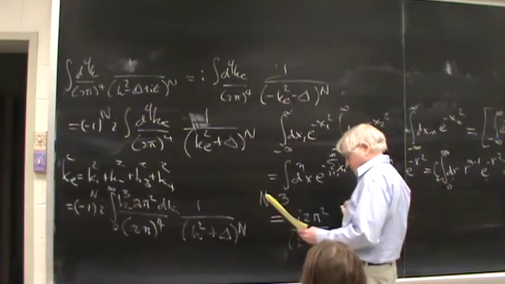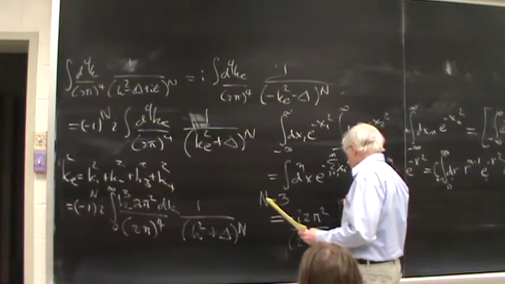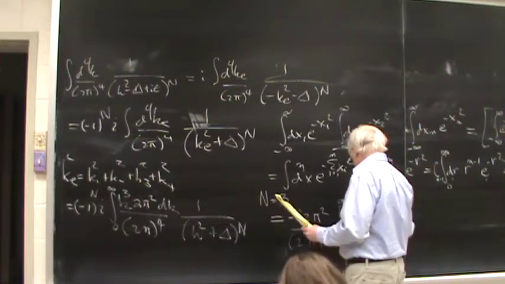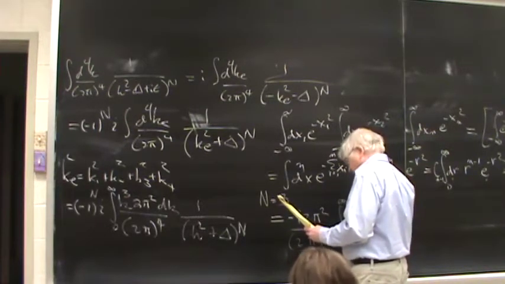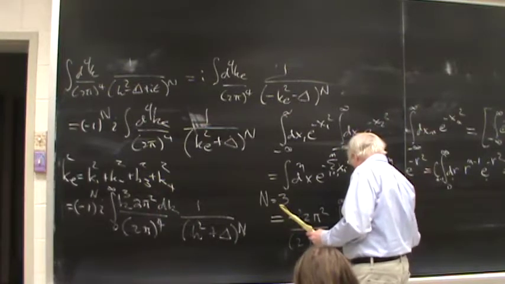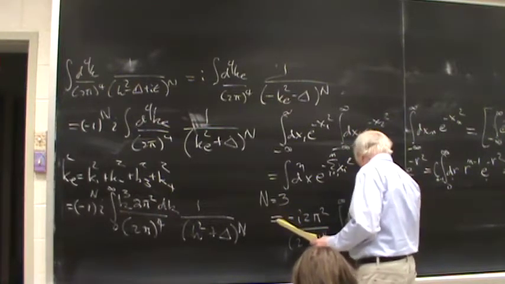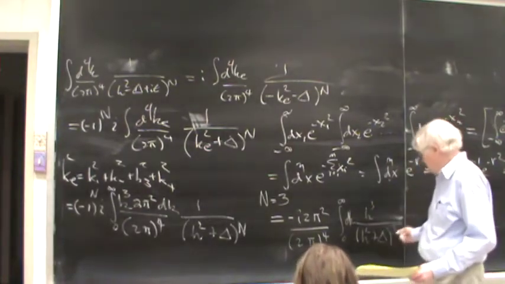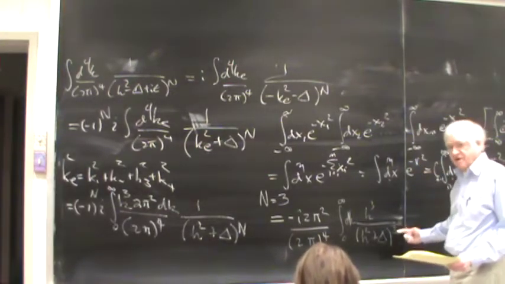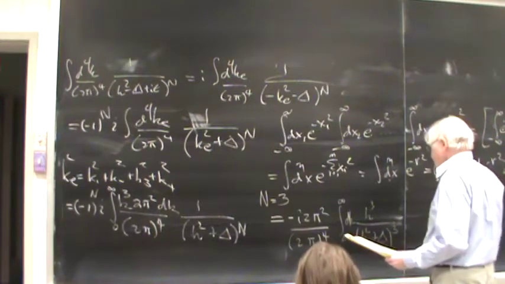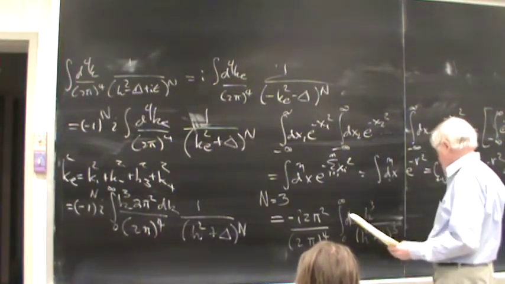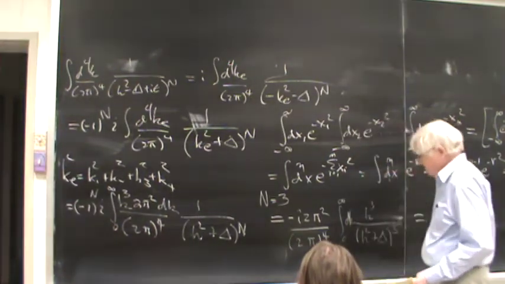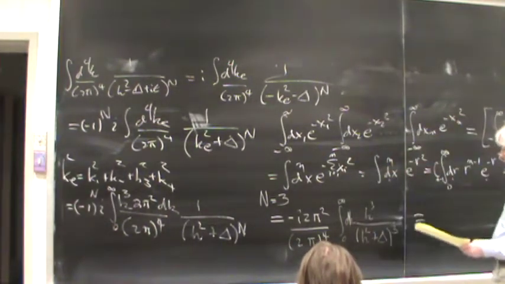And now integral 0 to infinity dk, k cubed over k squared plus delta cubed. So this cubed is because we're in 4 dimensions. This cubed is because we chose capital N equal to 3. And, well, 2 to the 4th is 4 squared, so that's 16.